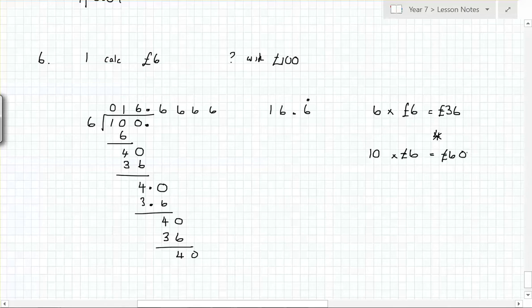I've still got plenty to spend. Therefore, 16 lots of £6 is £96. And suddenly you go, actually, I've got £4 left over. So I can't go any further. So actually my answer is 16 calculators.